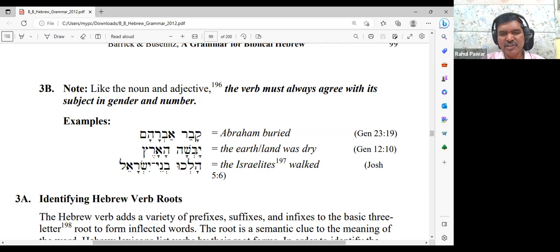So the verb agrees with the subject in gender and number. Abraham is third person masculine singular, so Qaber is also. Aretz is feminine singular, yavesha is also feminine singular. Bene Yisrael is plural, so halchu also has the plural ending.